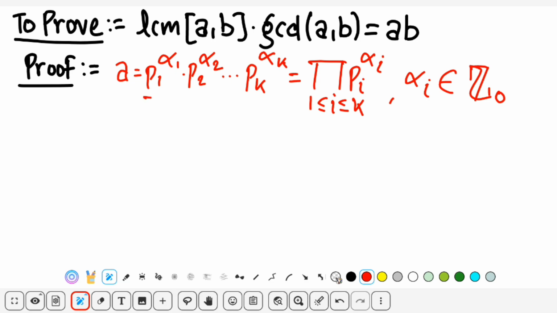So this is very common and a very basic result of number theory, that you can write any positive integer in this form: product of prime numbers raised to some power.